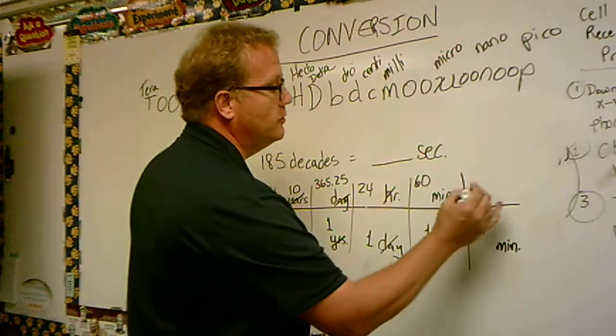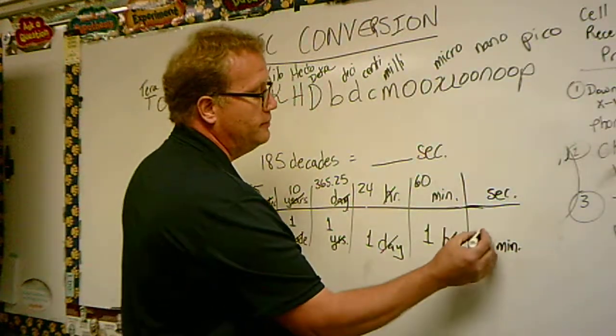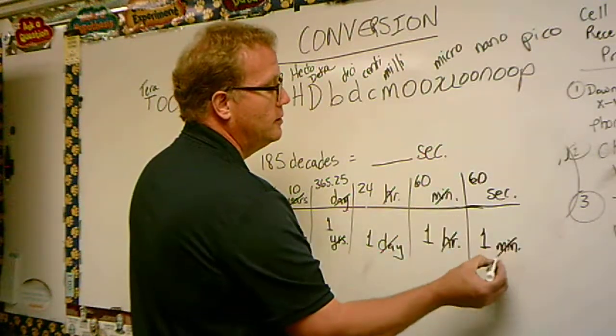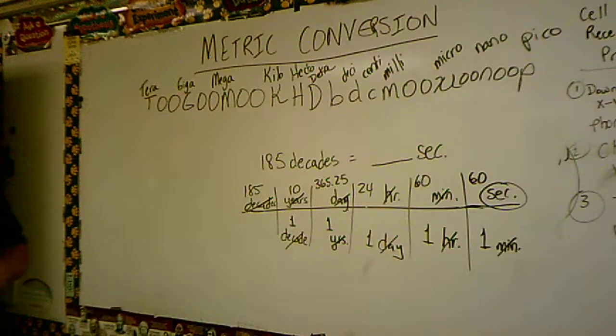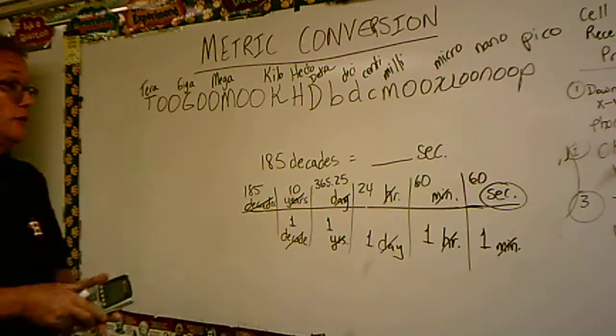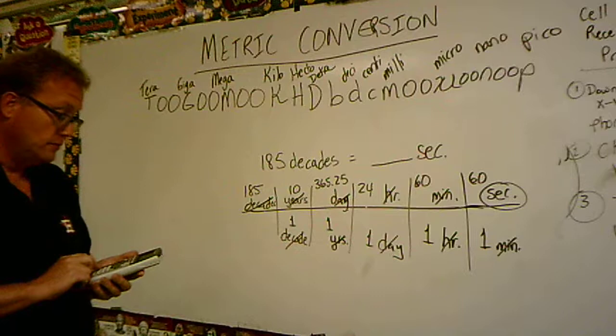What's my next smallest unit? Seconds. Which one's the big one? Minute. I got 60 seconds in 1 minute. And now I'm in the correct unit. And again, I incrementally go smaller, going with my known numbers in units.